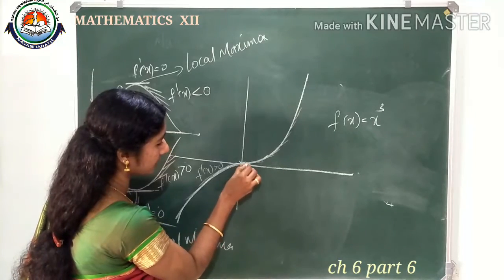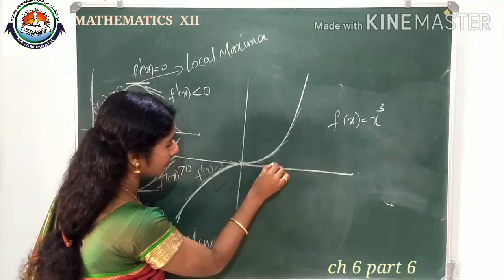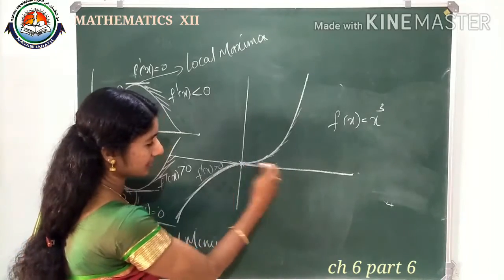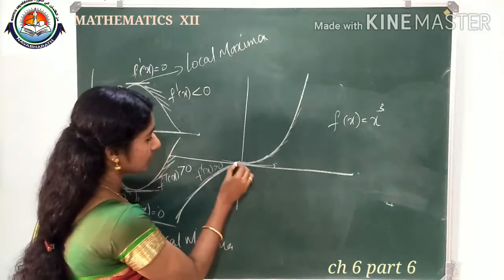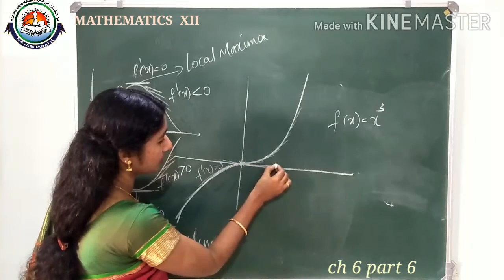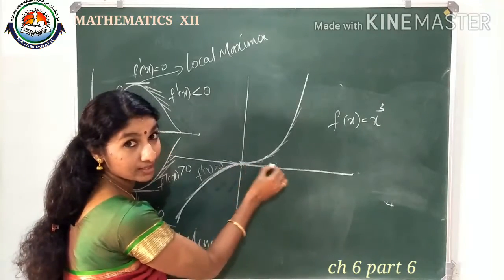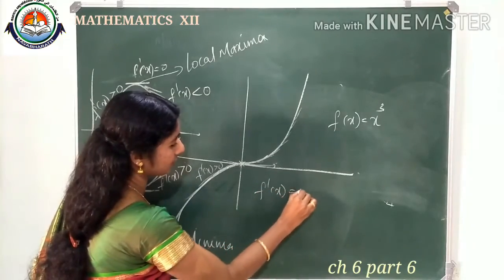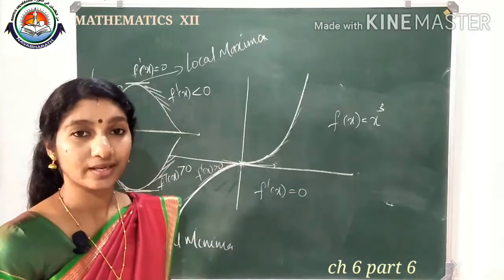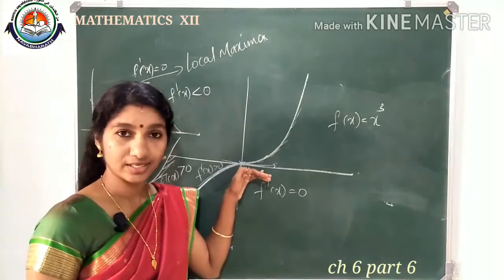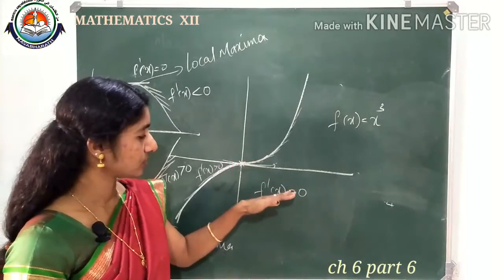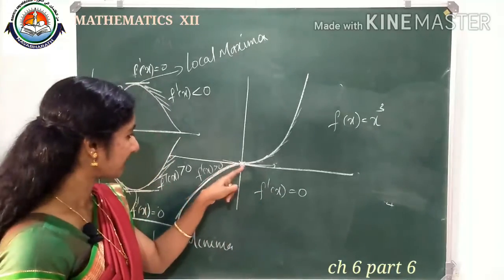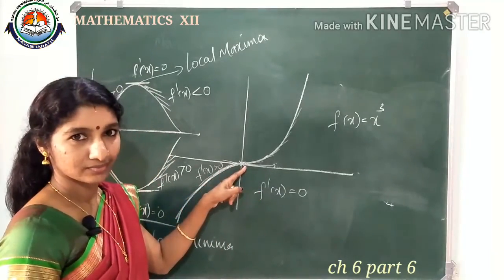When we are drawing the slope of the tangent at this point, we are getting the slope parallel to the x-axis. So at this point the slope is parallel to the x-axis. So at those points we are getting f dash of x equal to 0. Since the tangent is parallel to the x-axis, the slope of the tangent equal to 0, that means f dash of x equal to 0, at x equal to 0.